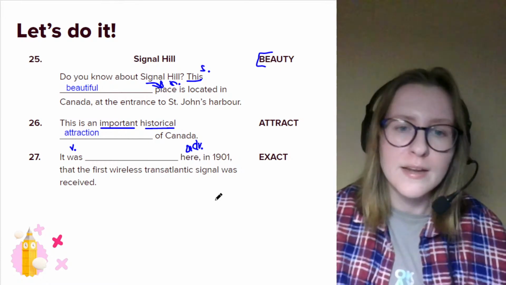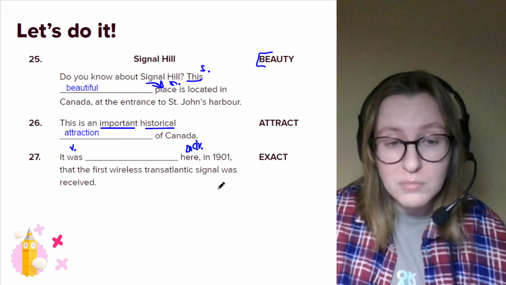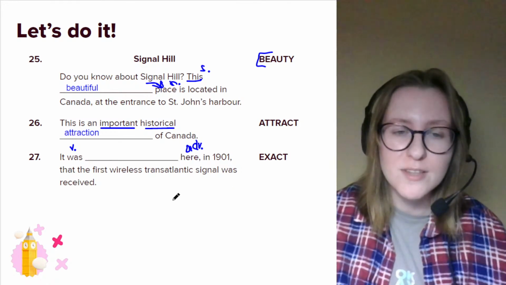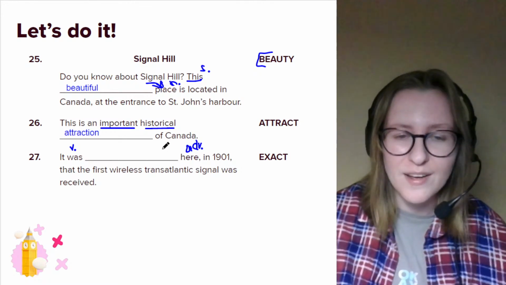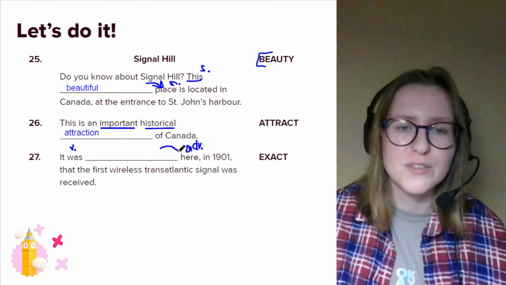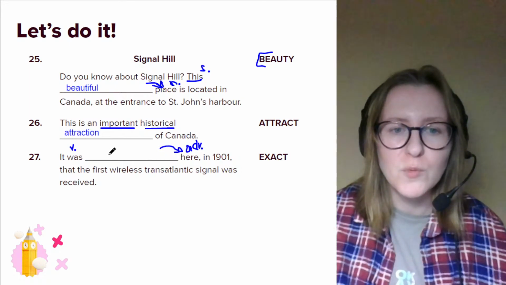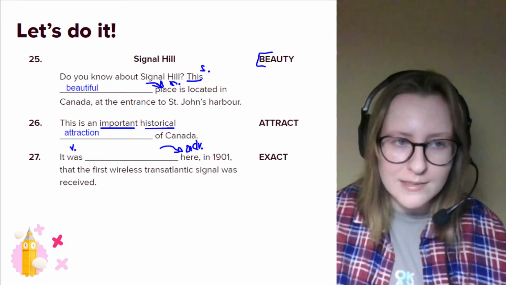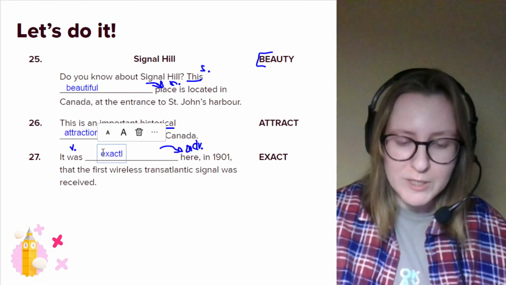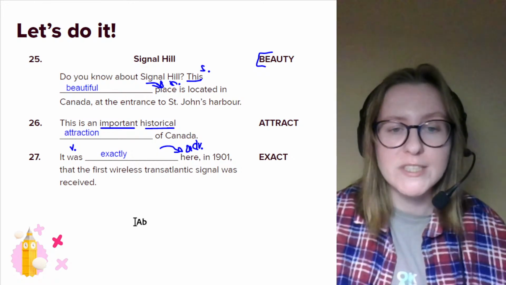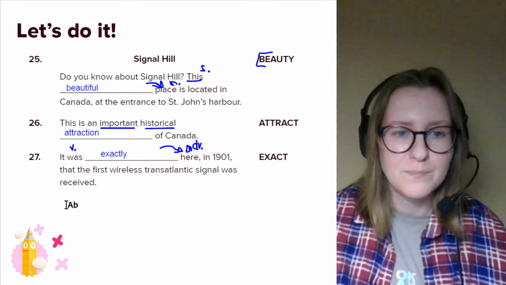It was here in 1901 that the first wireless blah blah blah was received. Yeah, that makes sense, right? If that makes sense, then probably we need an adverb, right? And that actually is true, because here we need to describe the adverb here. It was here. How? Exactly here, right? So the only thing we can put here is an adverb, guys. It was exactly here in 1901.